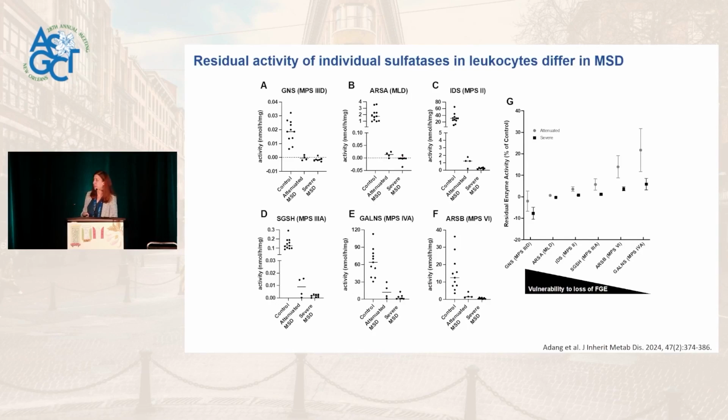I'm not going to go through all the enzymatic data that Mike Gelb and others did for us, which has been amazing, but I will show you that we could figure out different enzyme activities that could differentiate the most severe patients from controls and the mild patients from controls, which is really important when you start thinking about diagnoses.